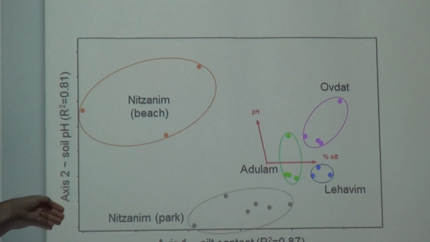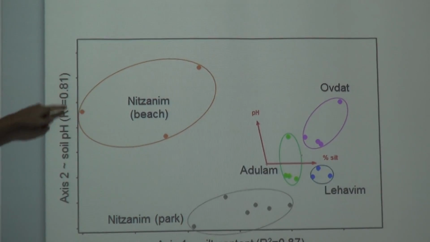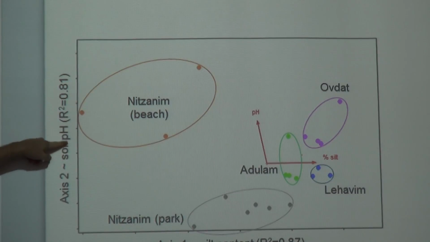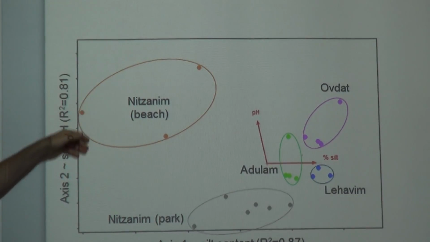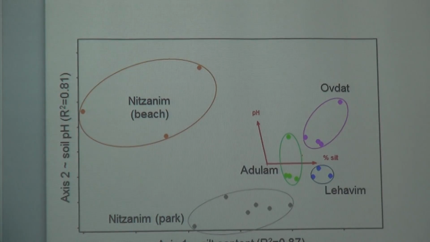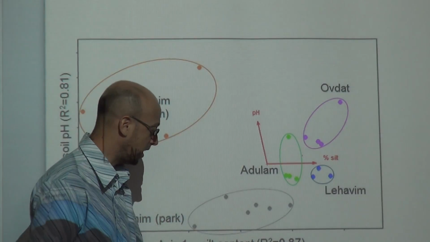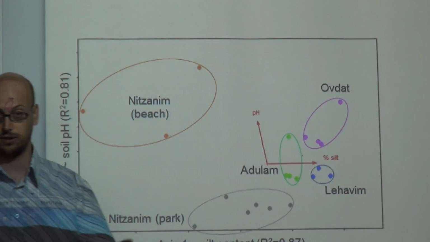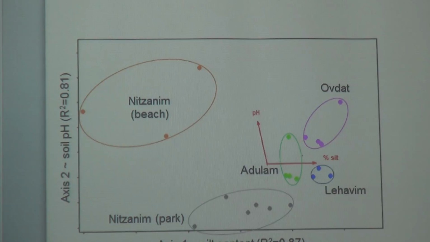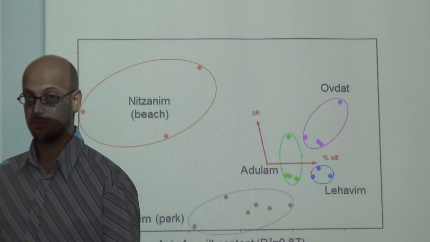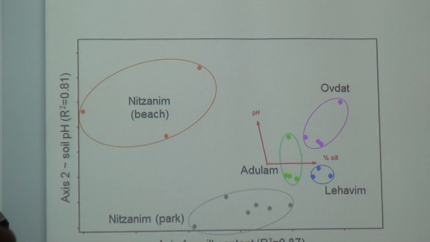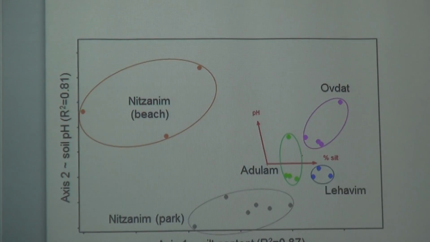Or what is the correlation between this axis and the pH of the soil? And you can say that the correlation between the height of the soybean and this axis is r squared equals 0.87. So this axis is highly correlated to the silt content, but it is not silt content.